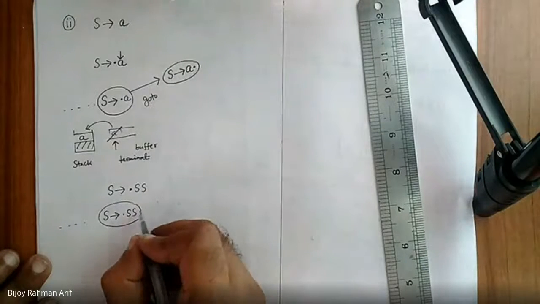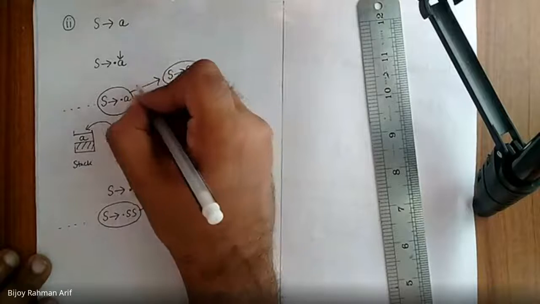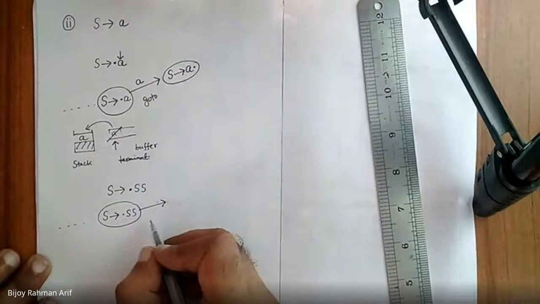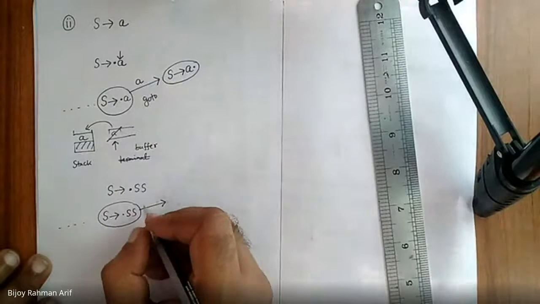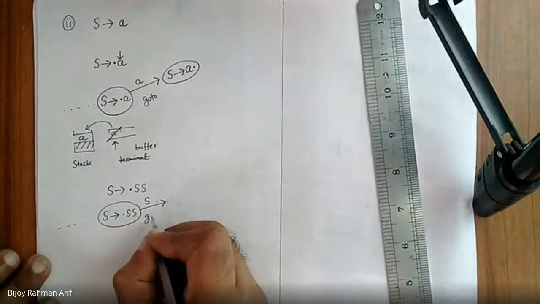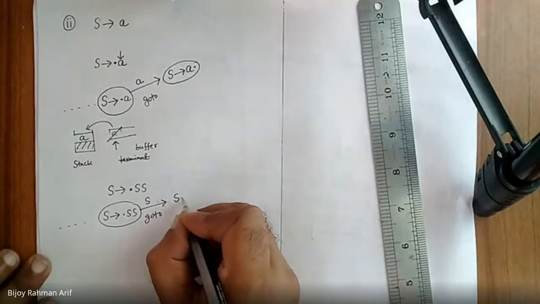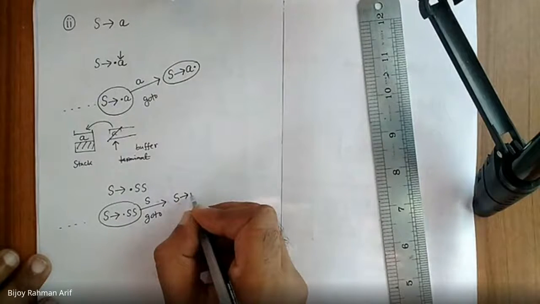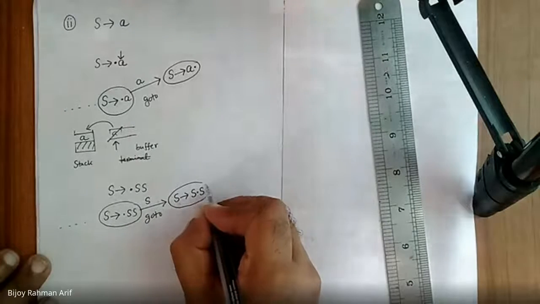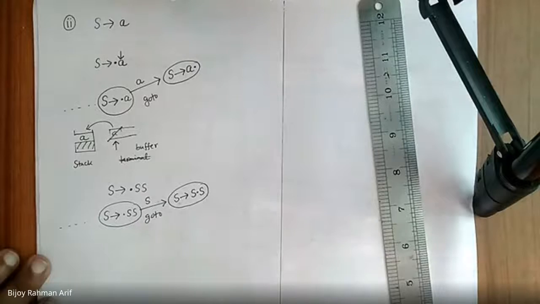Then it is GOTO on A. Then if you take GOTO on S, it would become S dot S. So this is also GOTO on S, a non-terminal.